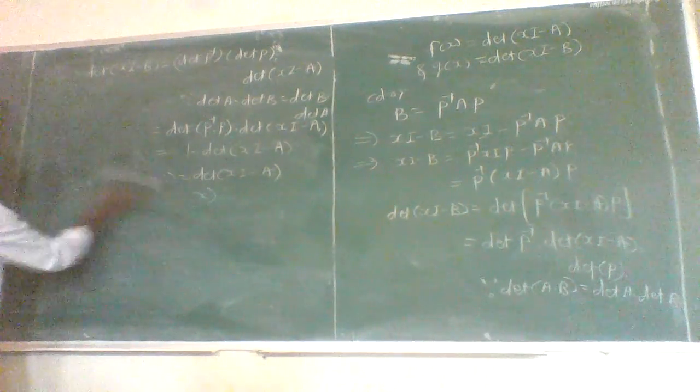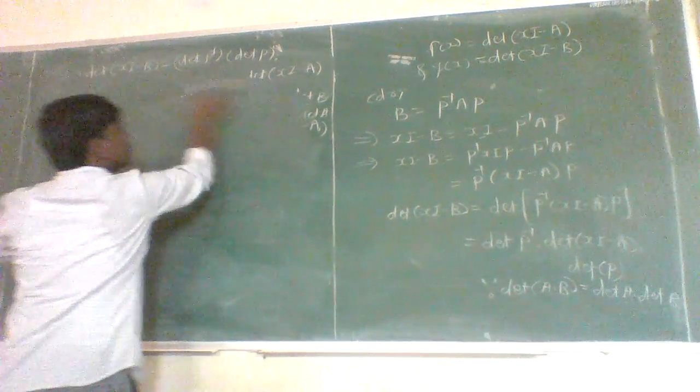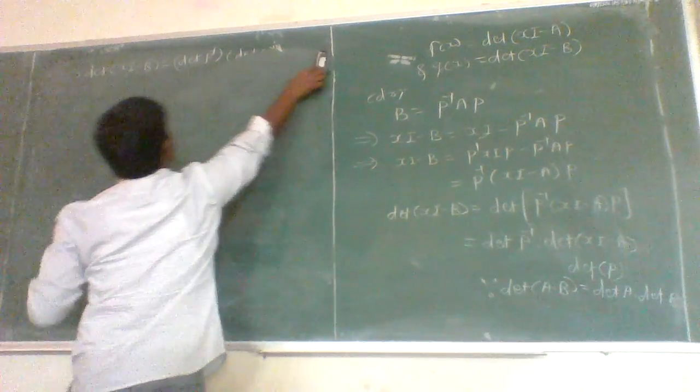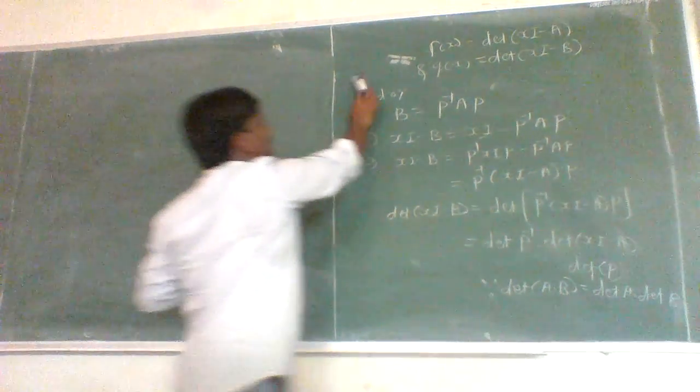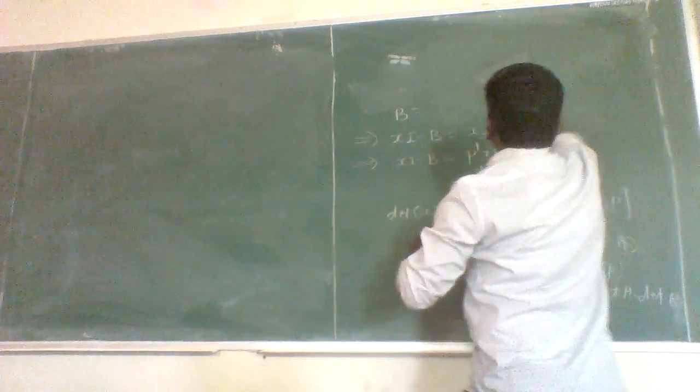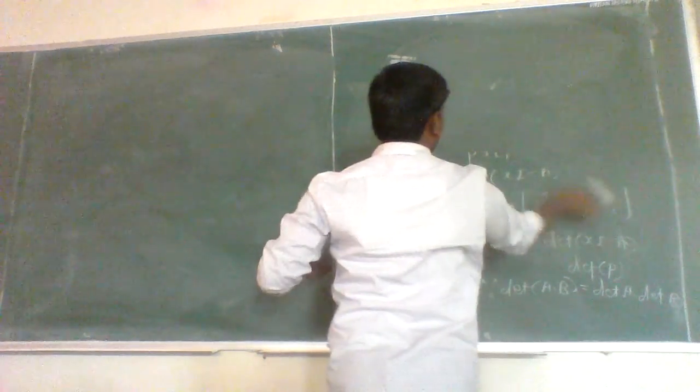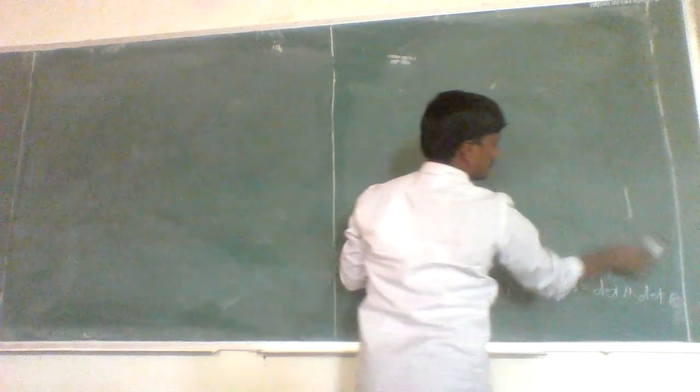The next definition is the characteristic polynomial of a linear operator. In the last lecture, we saw the characteristic polynomial of a matrix A. Now we have to see the characteristic polynomial of an operator.